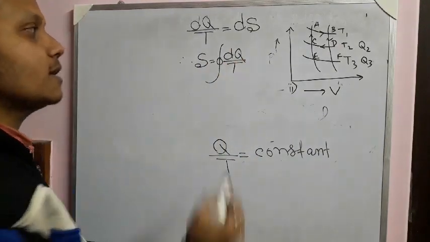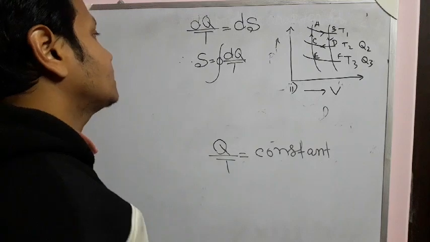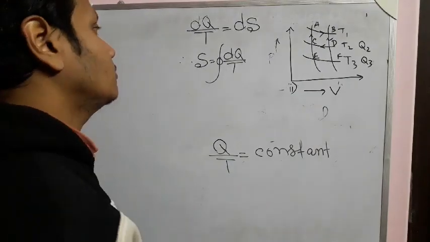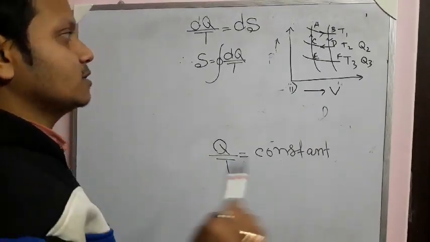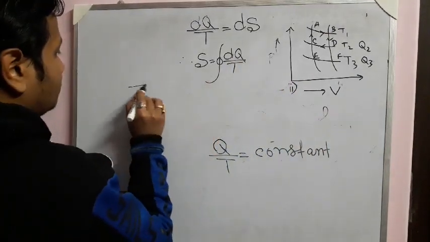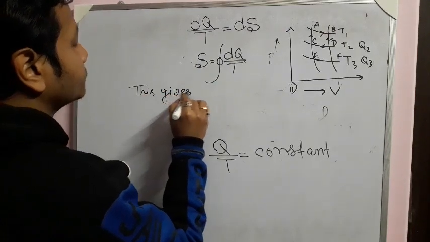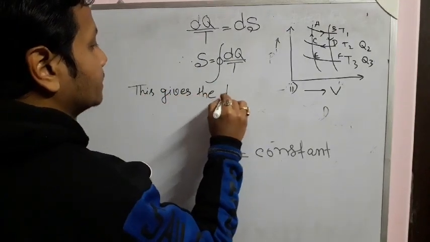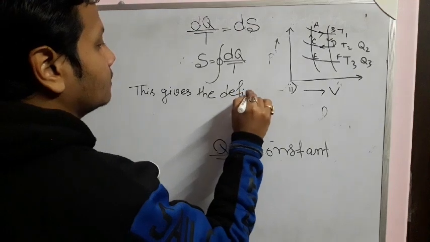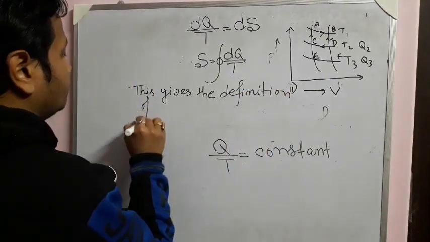So again we see that this definition agrees with the previous definition that I told during the adiabatic process when there is no exchange of heat. This gives the definition of entropy.